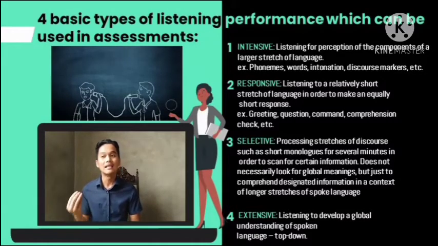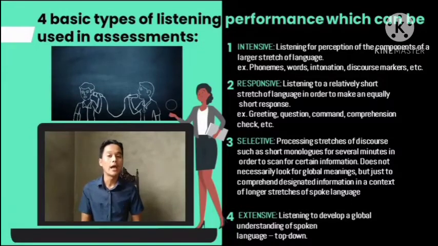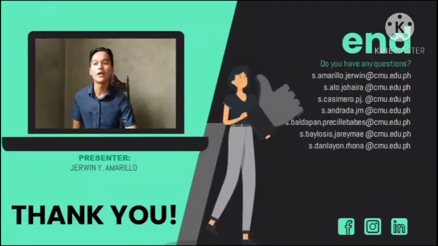And then lastly, extensive listening. It's when you listen and then develop a global understanding of the spoken language. That's the top-down strategy. Alright, so that's all for the basic types of listening and its relevance in listening assessments.